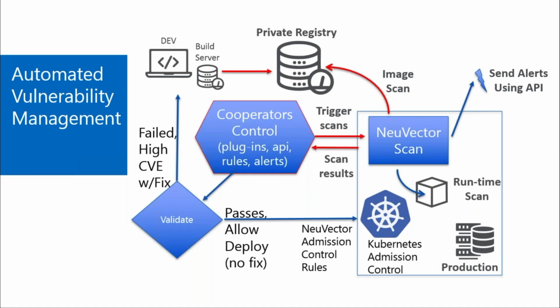So if a developer is trying to push an image and that image has a high CVE with a vendor fix, it's not allowed. They have the scan results, and they can validate. If it fails, it goes back, you have to fix it, and the cycle continues. If it passes, then it gets deployed.